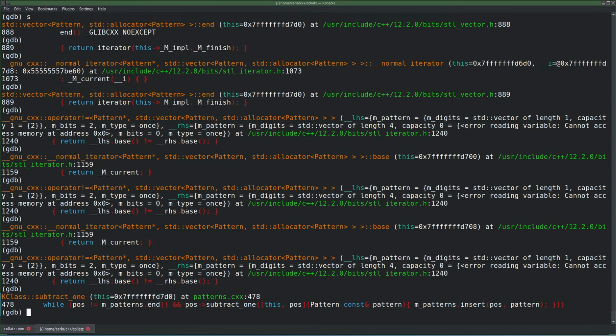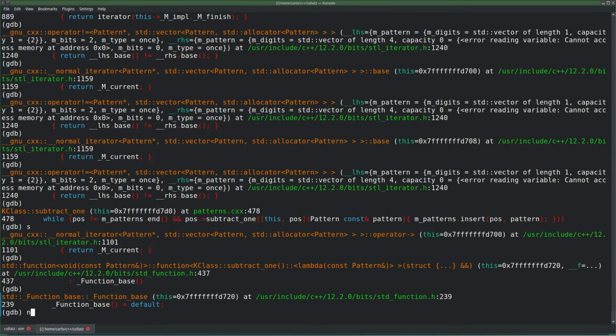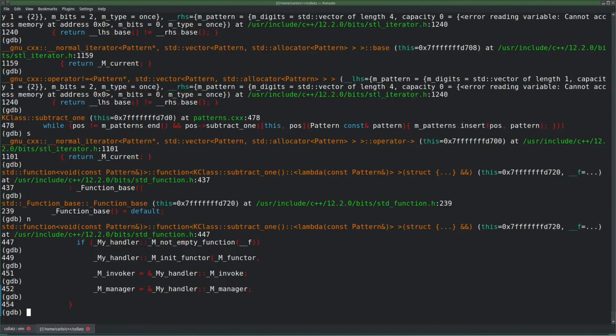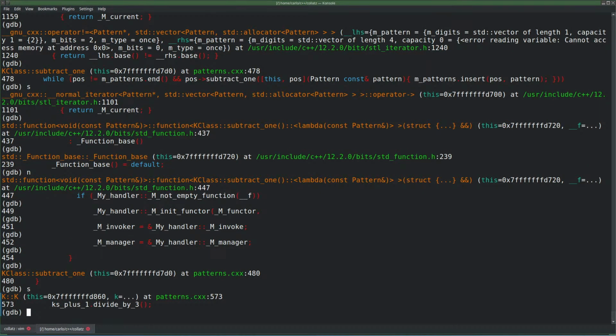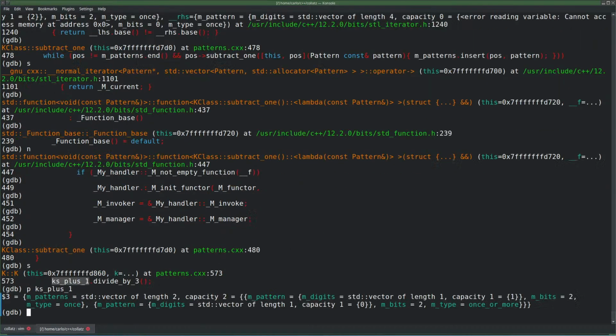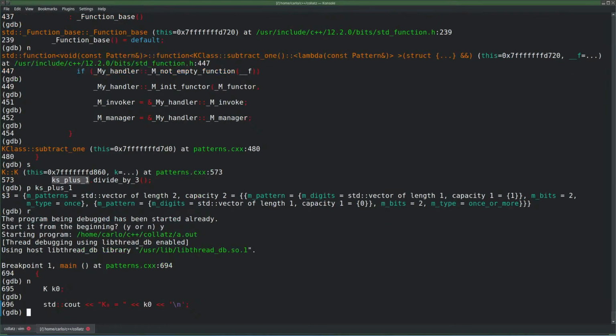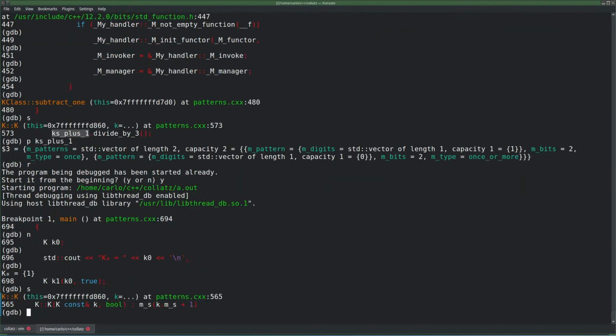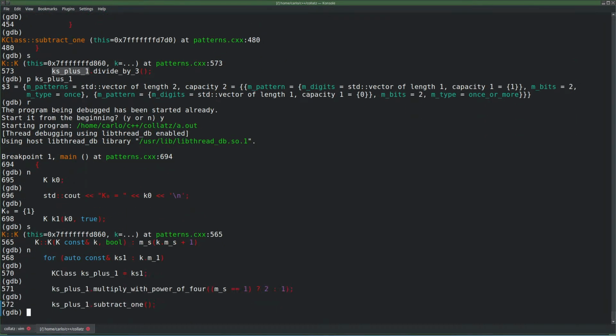I hate this. Debugging is still possible. Now I'm back. Step into this immediately.